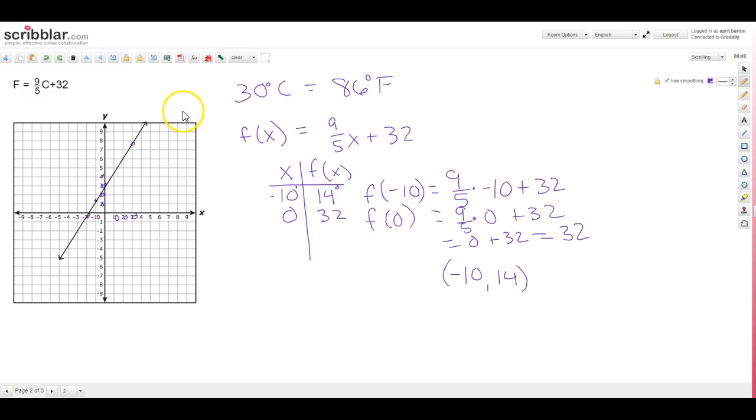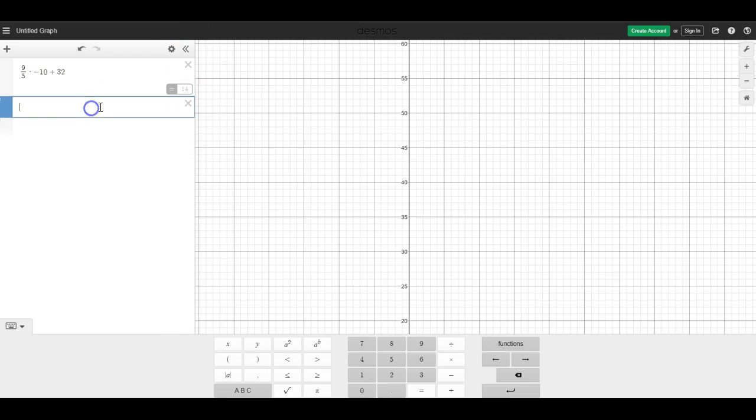So we can also use the Desmos calculator to check some of our work and actually look at the graph on Desmos. If we type in the equation, f of x equals 9 divided by 5, we have to click to the right to get it out from under the fraction, x plus 32.